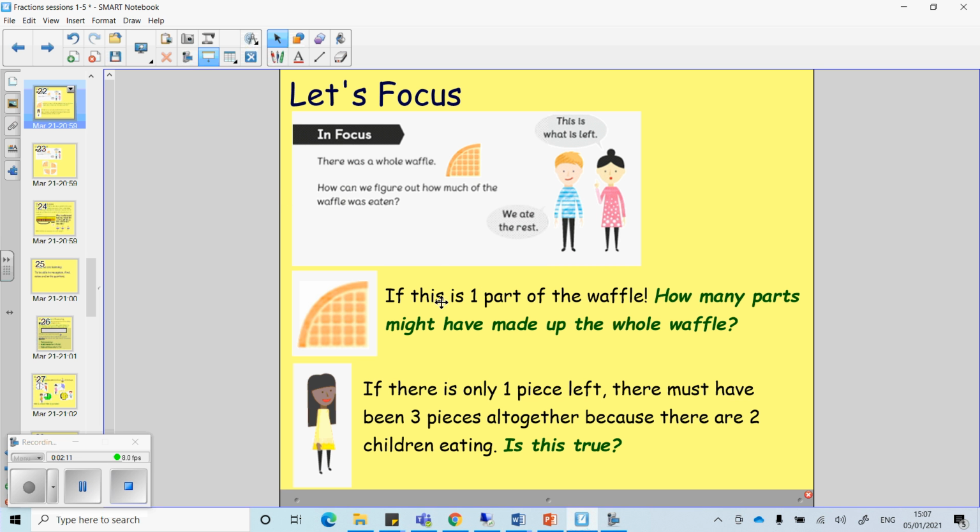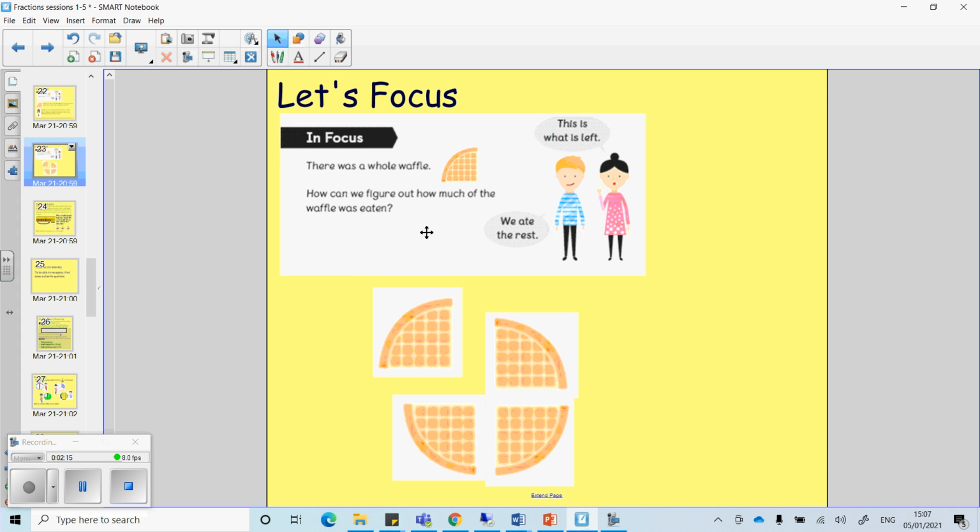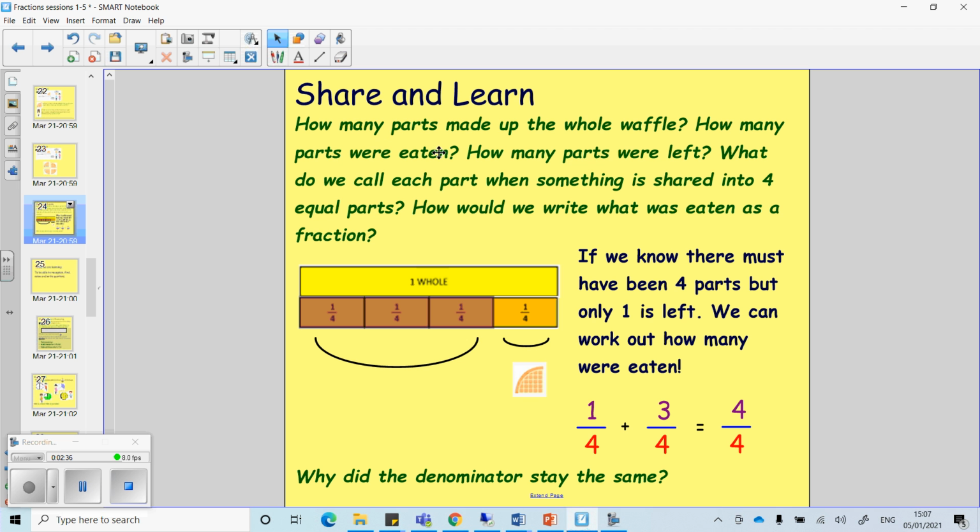So how many pieces made up the whole waffle? If I get my one piece of waffle, I can make that picture in my brain. I can see that I think there were 4 parts, 4 equal parts, which made up the whole waffle. Okay, so how many parts made up the whole waffle?